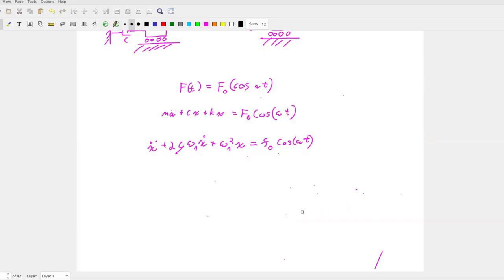And again, that's a lowercase f naught because it's mass normalized. So we can say that f naught, just like before, is equal to capital F naught over m.